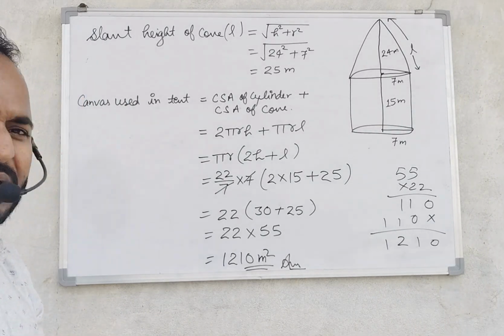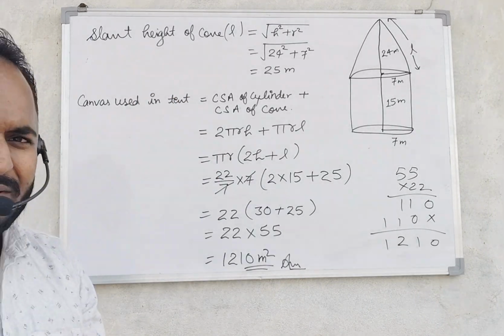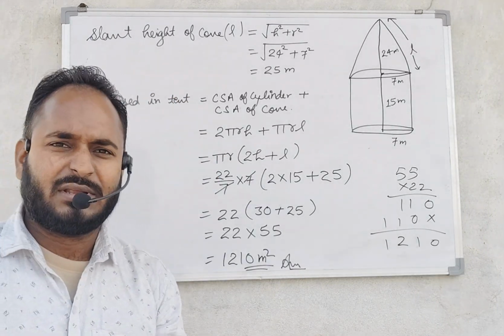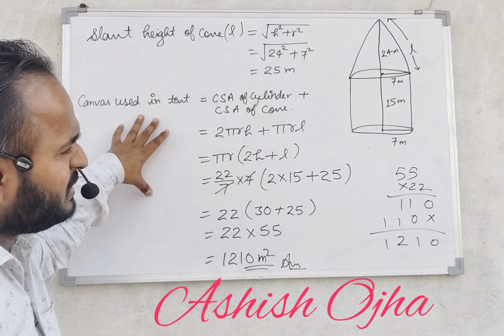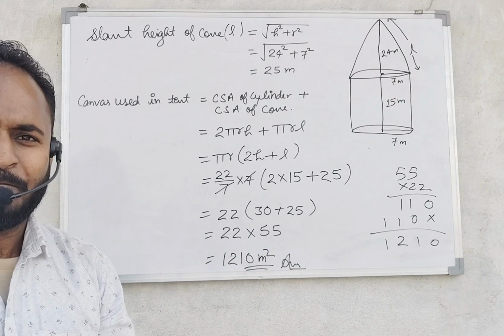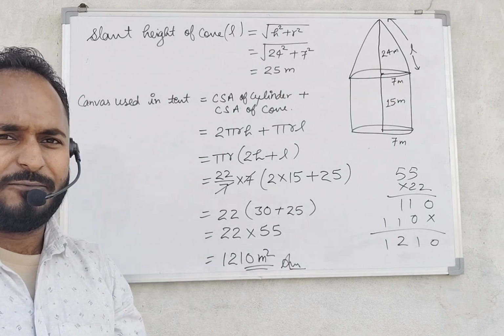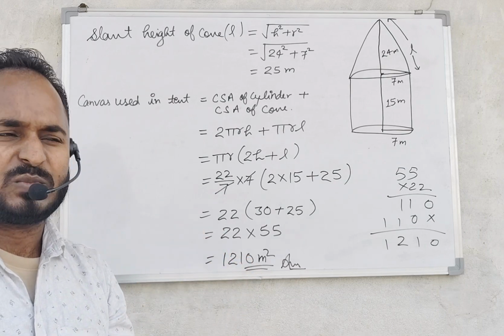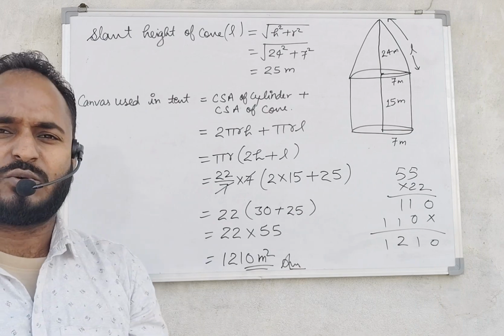I hope all the topics are very clear. If you have any doubt, you can ask questions. Firstly, you have to learn the formulas. Then you have to understand the situation of the problem. After that, imagine which formula is used in this question.